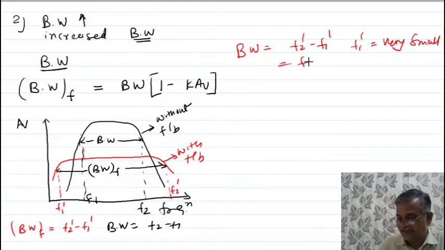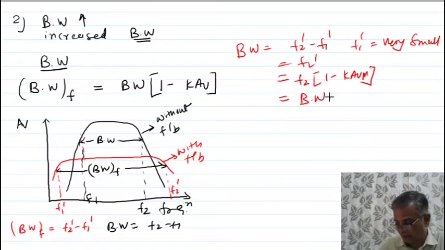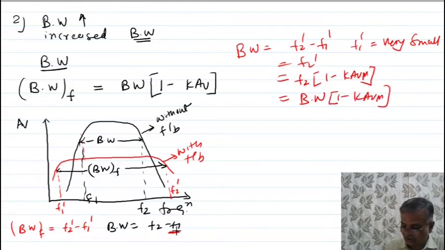So I can write f2 dash, which is f2 into 1 minus K AVM, and this is because the bandwidth of the amplifier without feedback is f2, since f1 is also small. So look here what we have to complete.